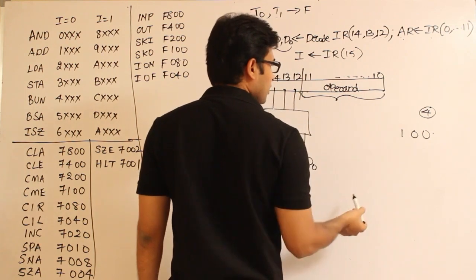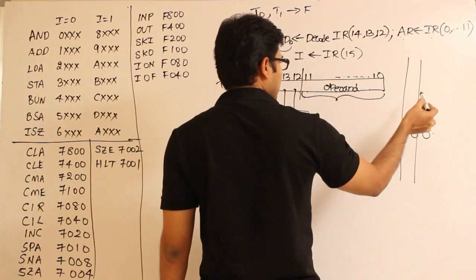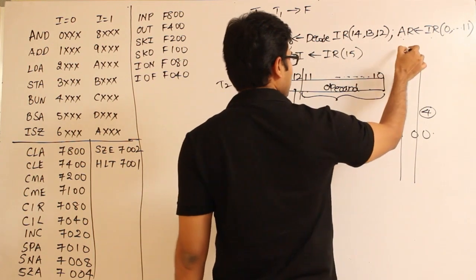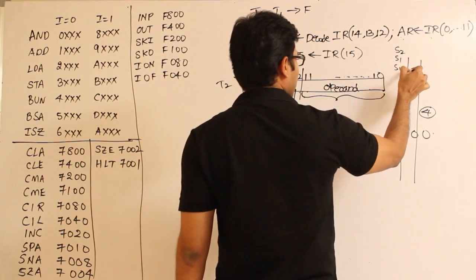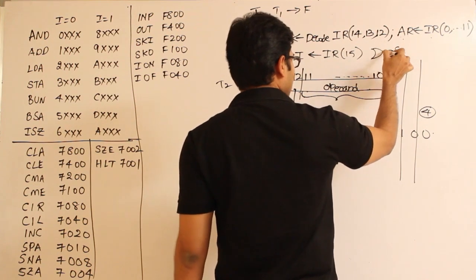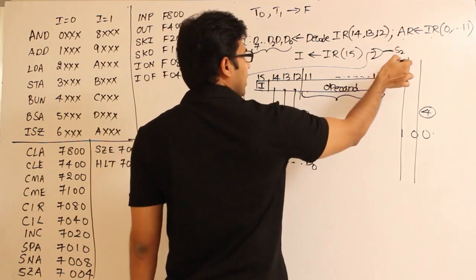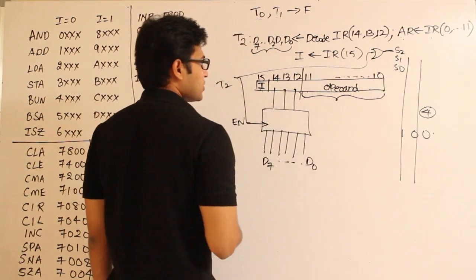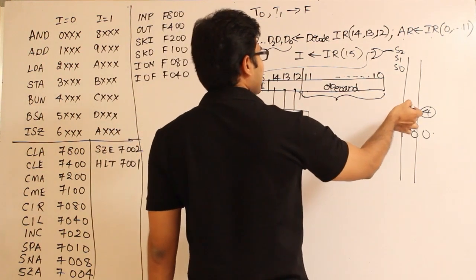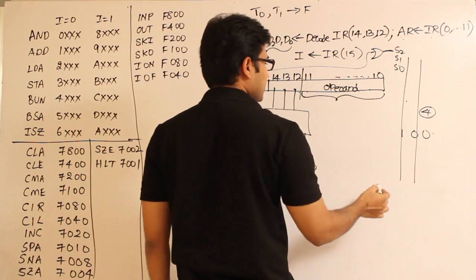If the number is 4, then to the bus circuit I have to enable 100, which means S2, S1, S0 are there, right? So to S2 I have to give this part T2 as input. One of the inputs to S2 has to be T1, and then the remaining will be 0 anyway because of this. Therefore, what will be selected? This entire IR will be selected, and that will be placed on the bus, right?